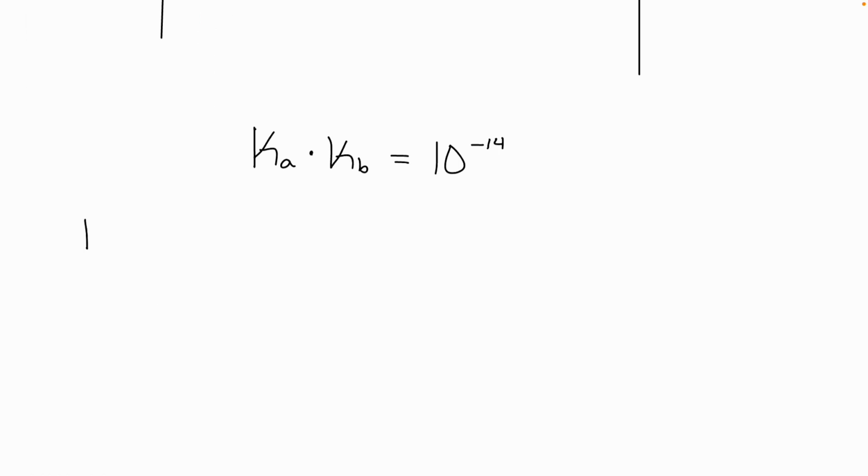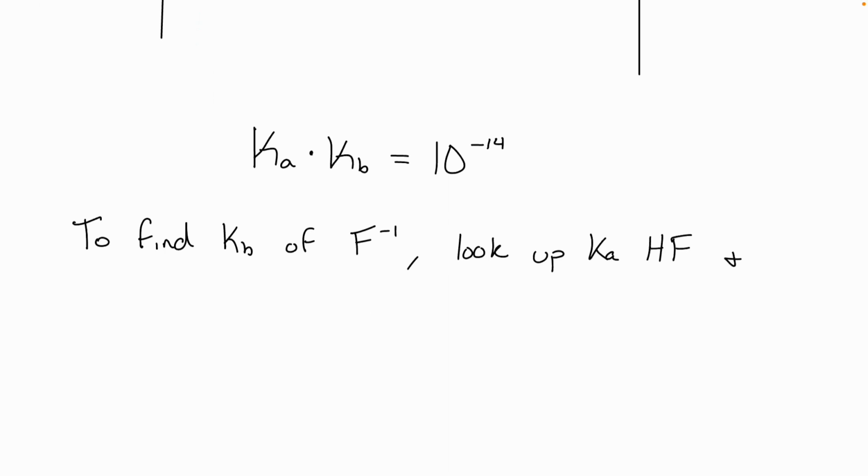So to find the Kb of the fluoride ion, I need to look up the Ka of HF and then use that relationship. That's how I'm going to get my Kb.